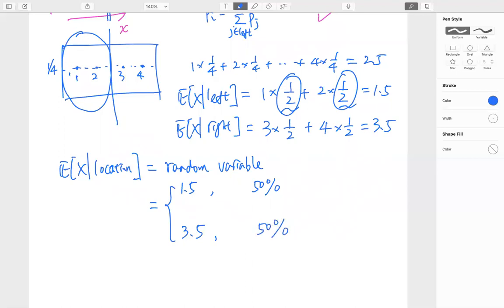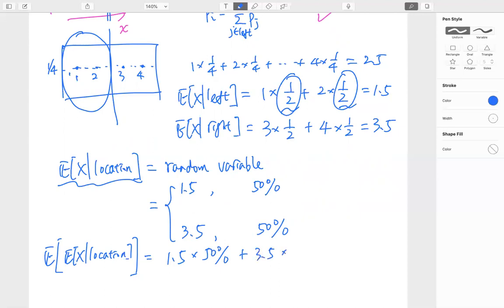So this is a random variable. If I calculate the expected value of this random variable, it's my left mean times the left probability plus the right mean times my right probability, which gives 2.5, equal to the overall mean.